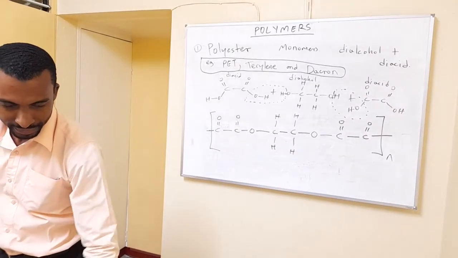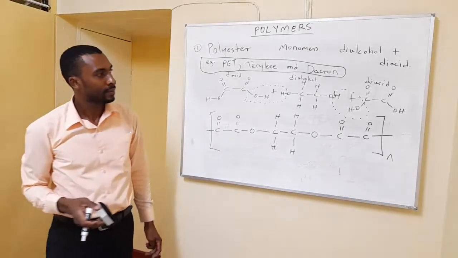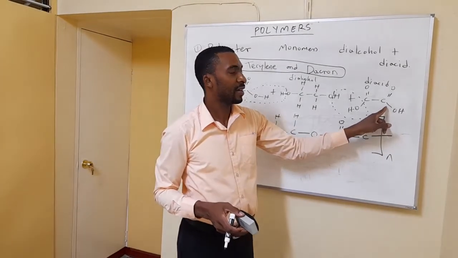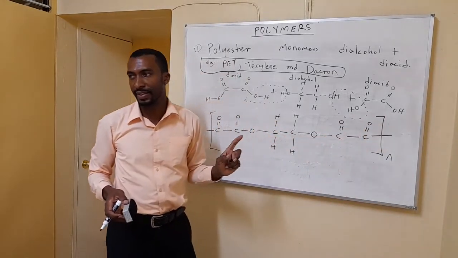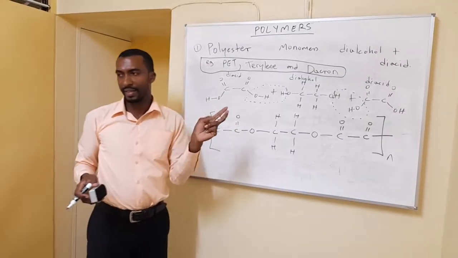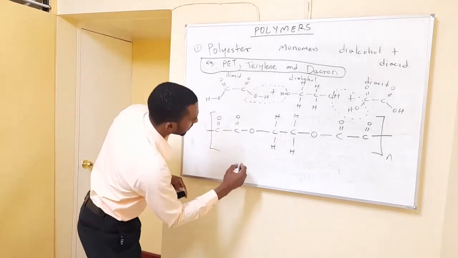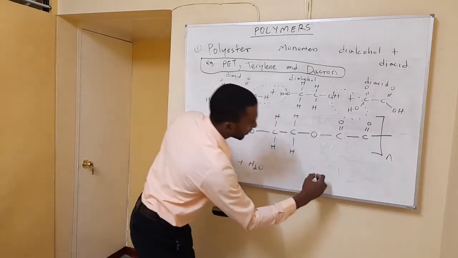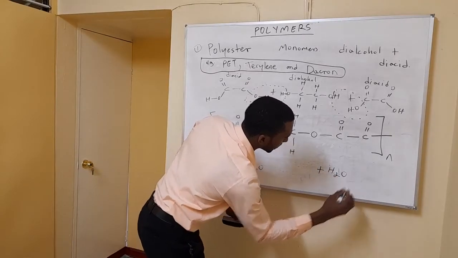So you lose the OH on the acid and the other end, you lose that as well? Yes. Because remember that whenever we're representing polyesters, the OH from the acid will go. So here you get a water molecule plus another water molecule here.